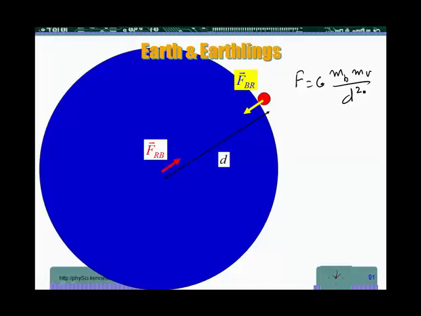So if we are going to apply it, consider the sizes. Blue is going to be the mass of the Earth. M red is going to be the mass of whoever is on top of the Earth, the mass of the Earthling.